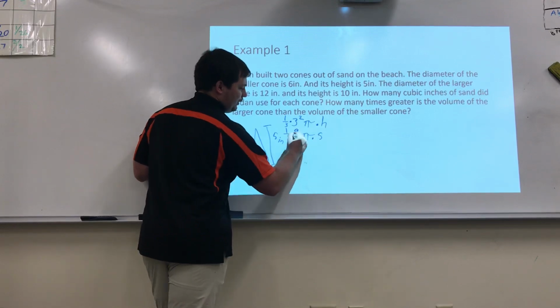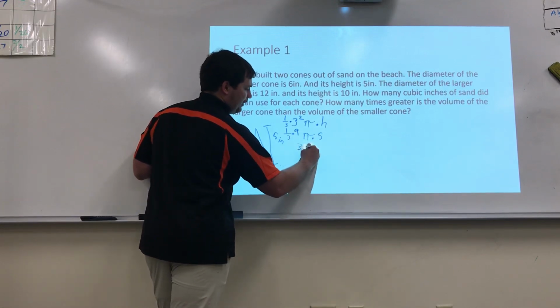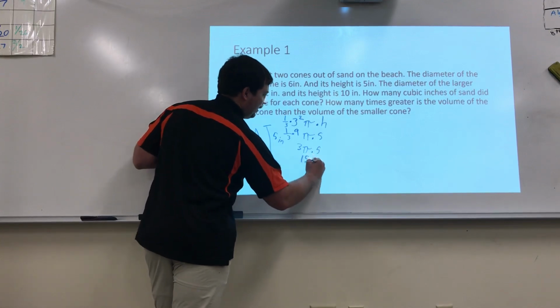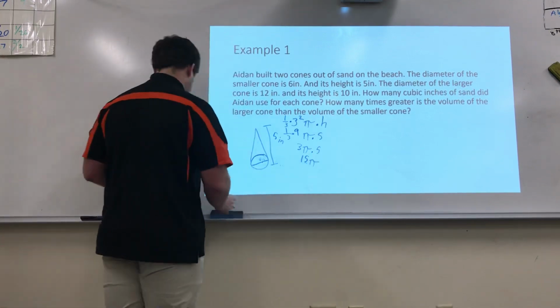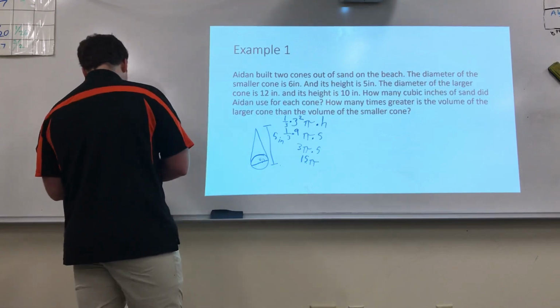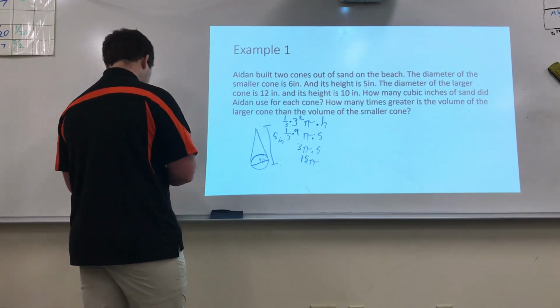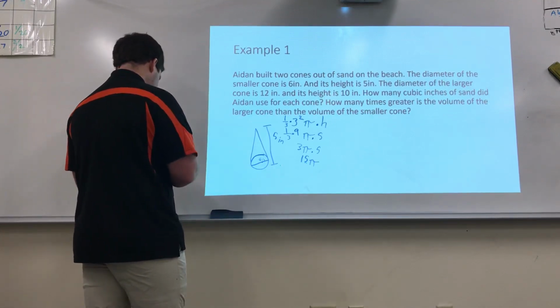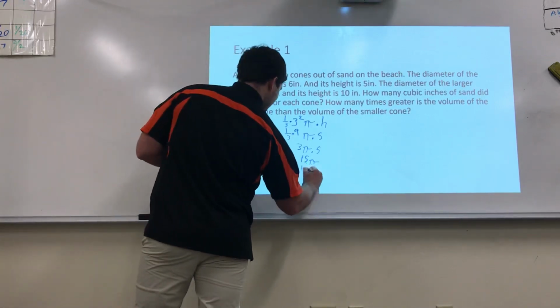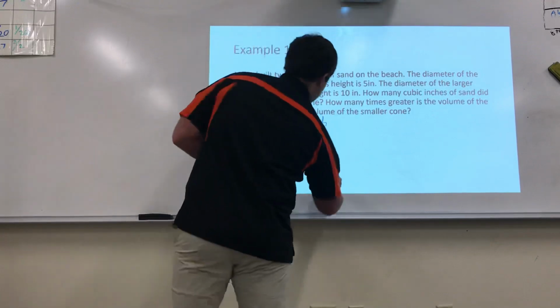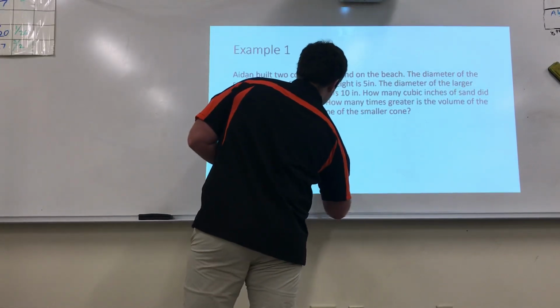So I'm going to multiply it and end up with 3 pi times 5, which is actually 15 pi, which 3.14 times that is 47.1. And that would be inches cubed.